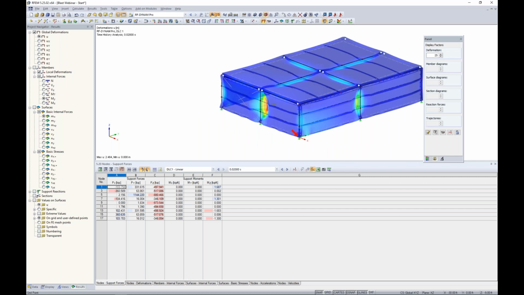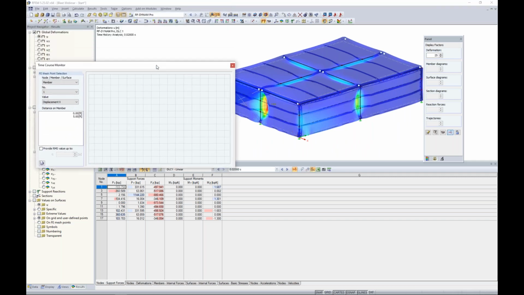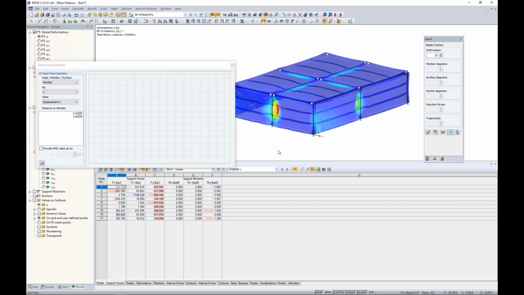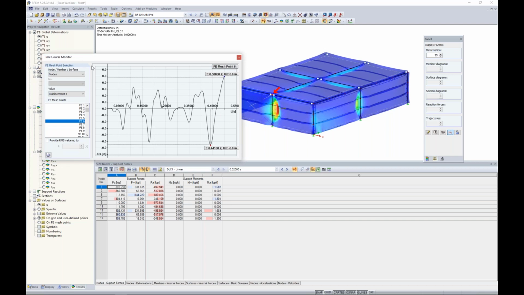What I think is of most interest, though, when we're talking about a time history analysis, is a time course monitor. We can launch that directly from our table tools here. And I can graphically select a single node, for example. With this node, you'll notice the program automatically updates my time course monitor.